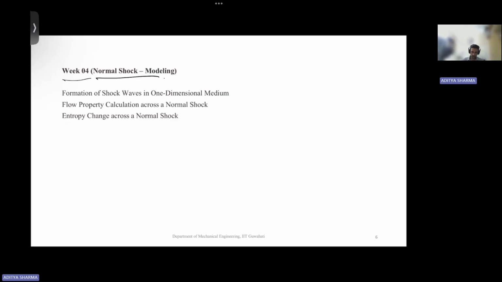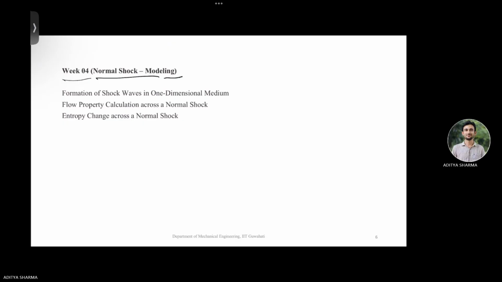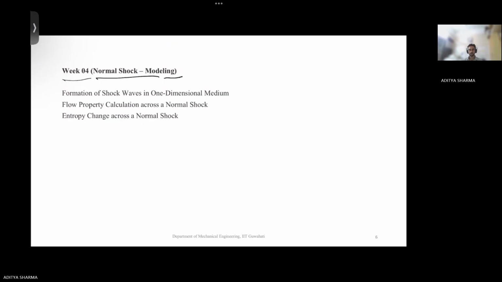So here we started with normal shock. So how the shock waves form in one-dimensional medium.